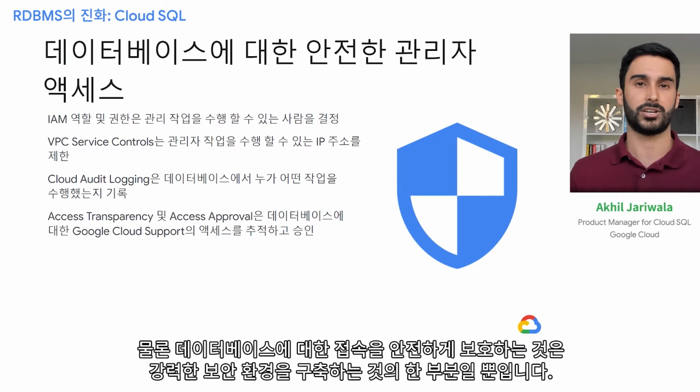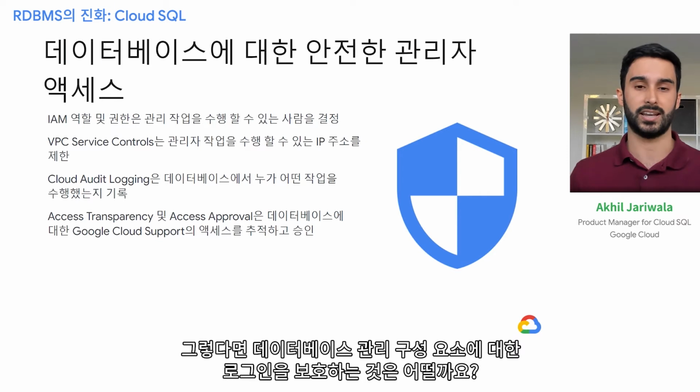Of course, securing connectivity to the database is just one part of having a strong security environment. What about actually protecting logging in successfully to the administrative components of the database?